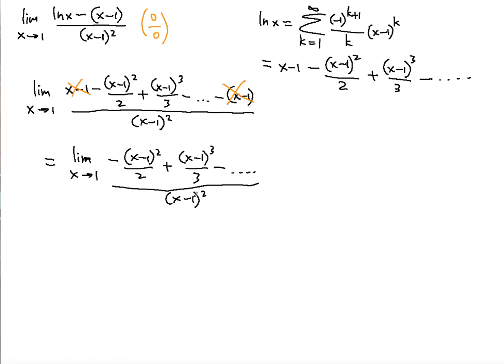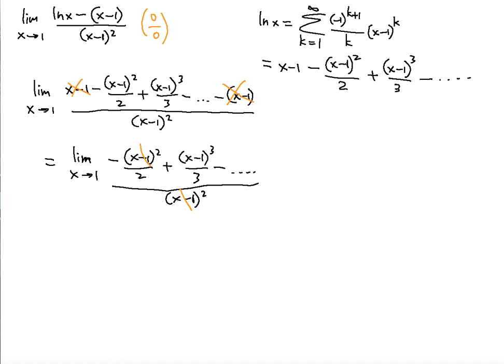So now what will happen is that the first term will cancel out with the denominator. I'm not canceling out the denominator for all terms, but I'm just canceling it out with the first term so that you can see.